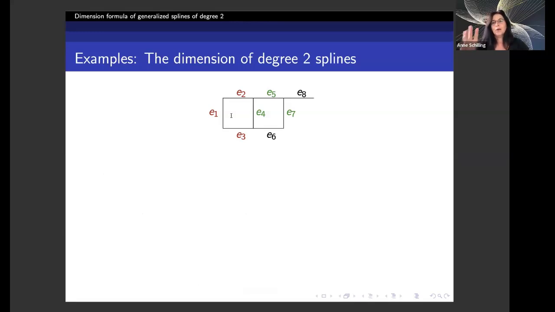So I'm going to associate 3 edges to every face. So this face here that was bounded by edges 1, 2, 3, 4, I'm now going to associate edges 1, 2, and 3 to this face. That's why I labeled them in red. So they correspond to this face, and then I associate 4, 5, 7 to this face.